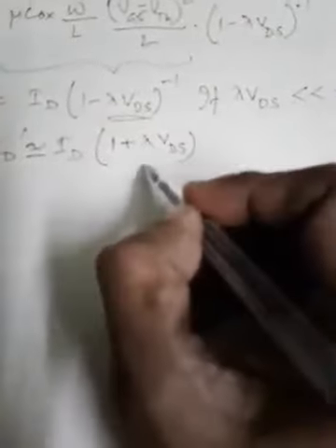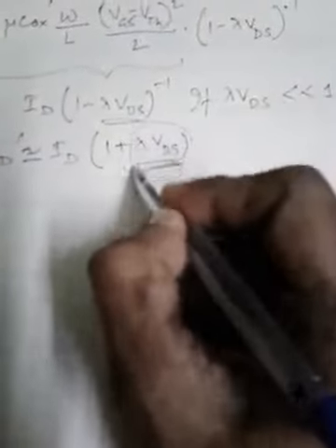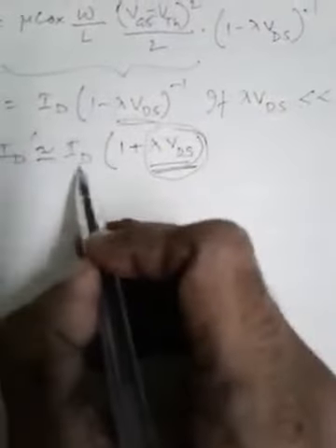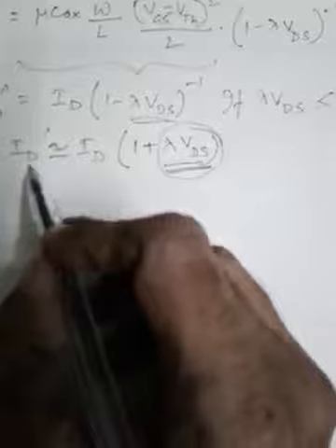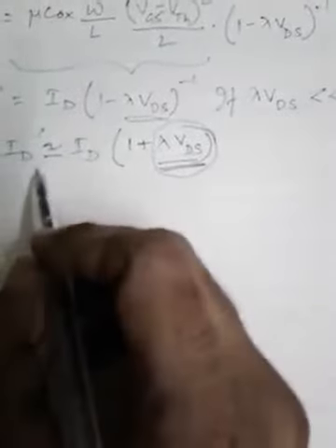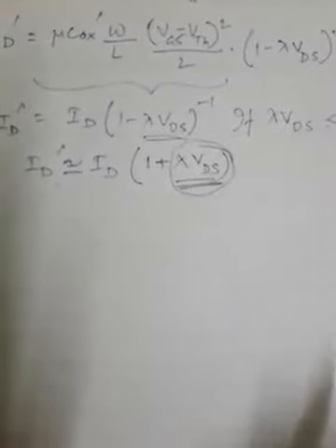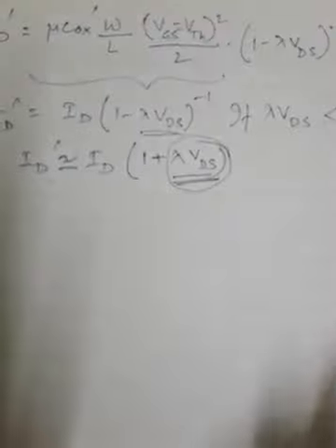So from this equation we can say that with the help of channel length modulation, this lambda VDS term, the original current ID is giving us the new current ID prime. So this is the way we can explain channel length modulation in a MOSFET in terms of its current conduction in the form of ID, the drain current.